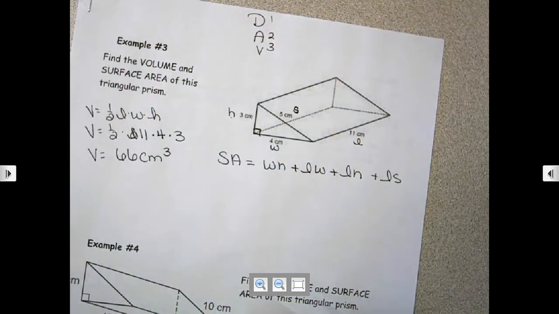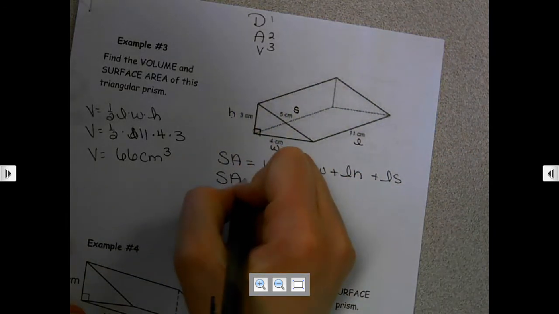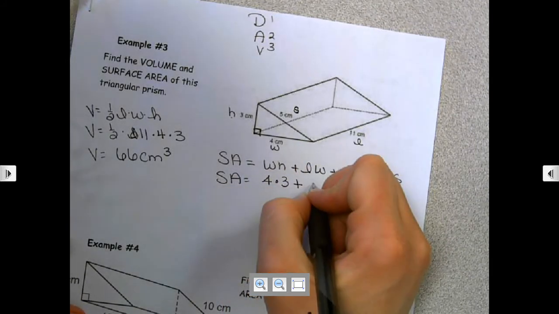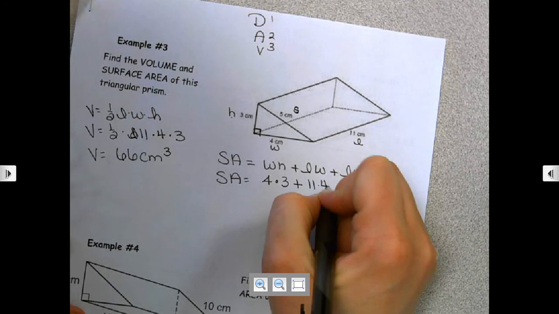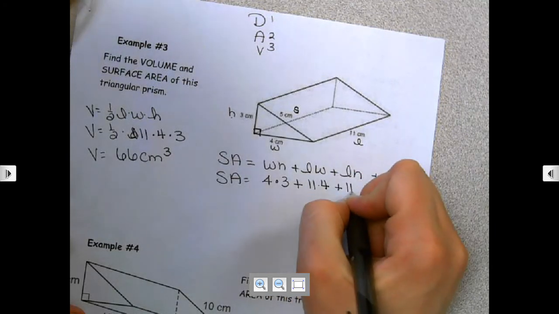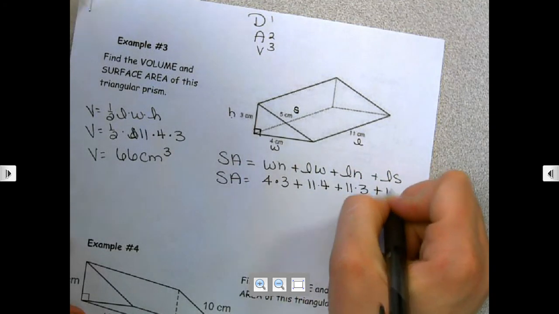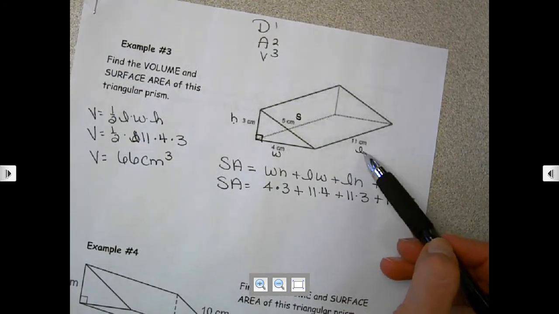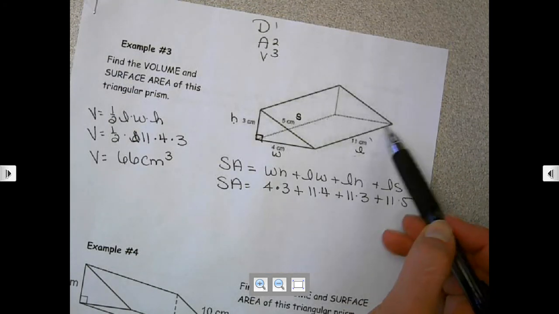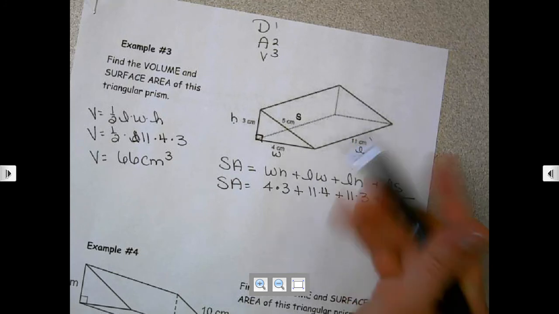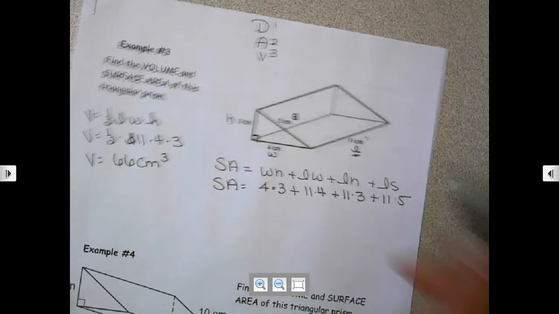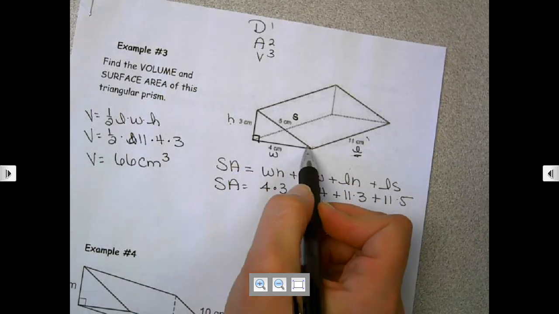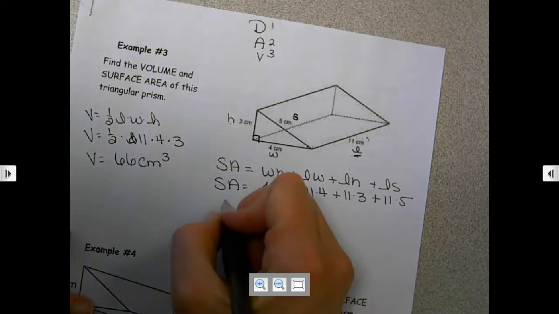All right, so we're going to go ahead and replace: W is 4 times 3 plus 11 times 4 plus 11 times 3 plus 11 times 5. When we label, we want to make sure our length is always the length between the two bases. Our L is always the length between the two bases, and our S is the slant or the side of the triangle.